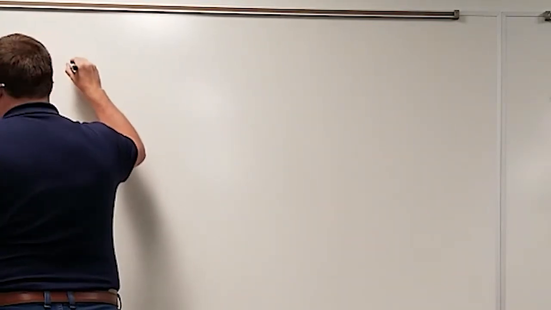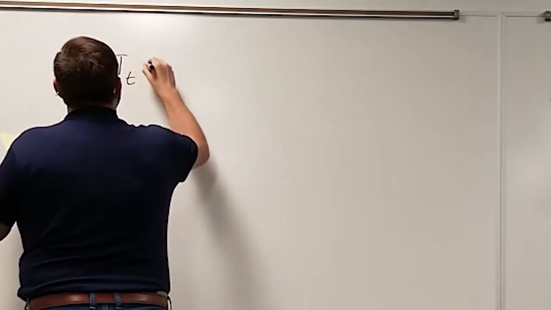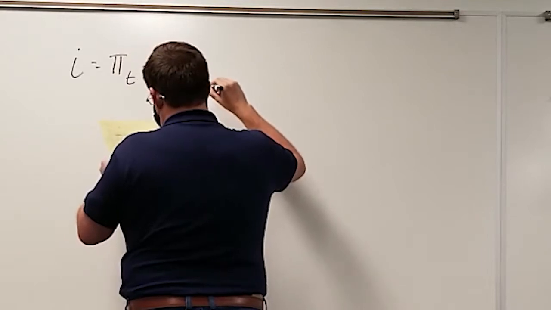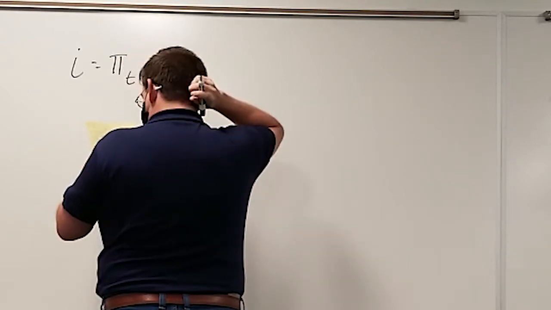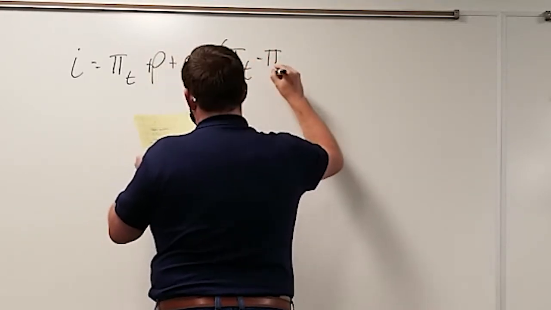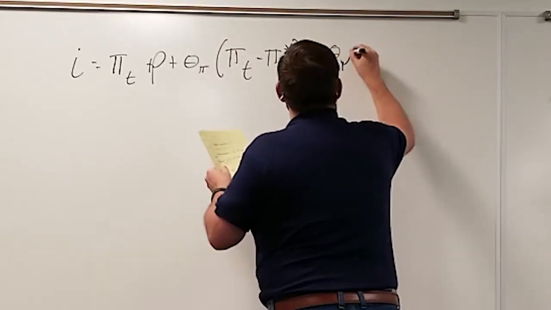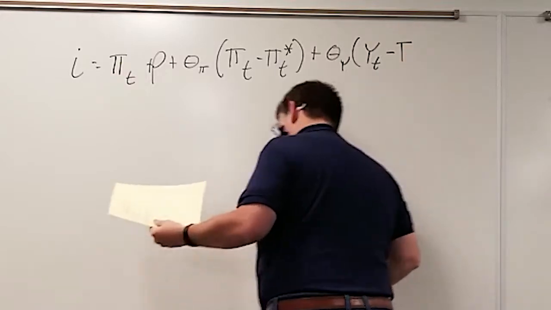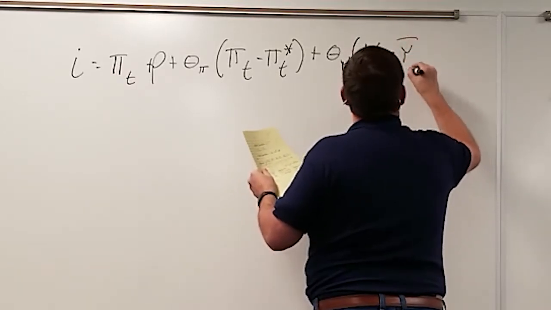So we have this equation, i equals pi at time t plus rho plus theta, I don't remember, theta or something, theta sub pi (pi t minus pi t star) plus theta y (yt minus y bar t).